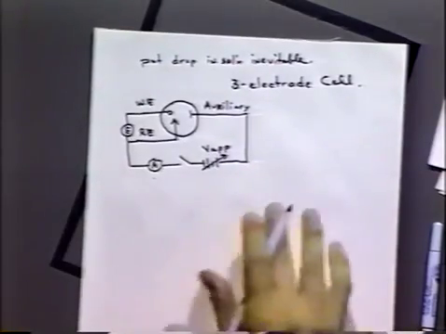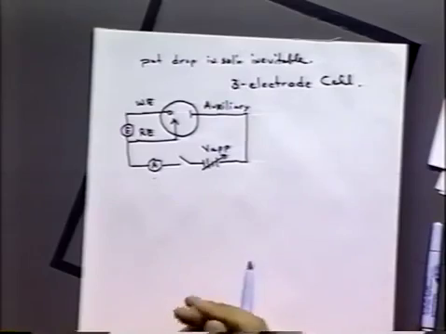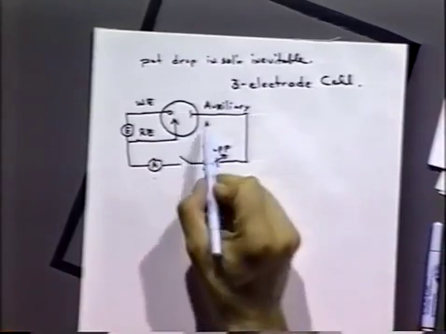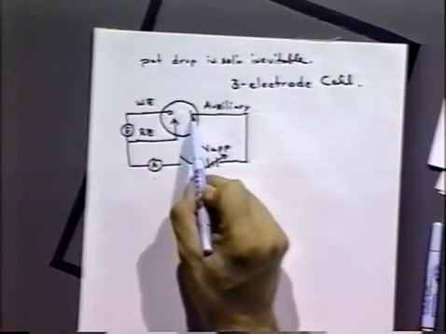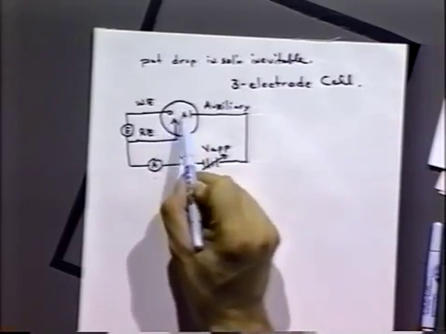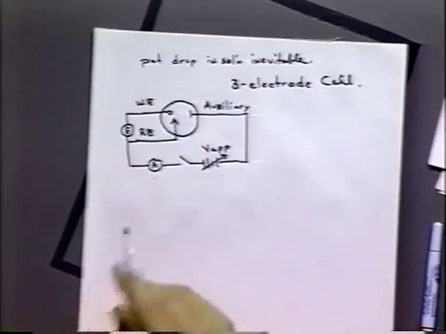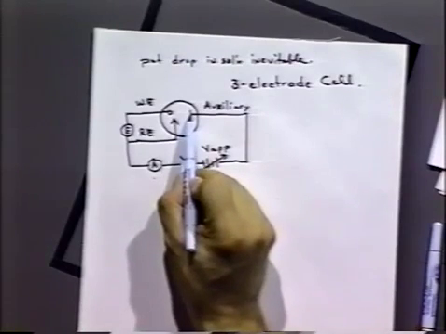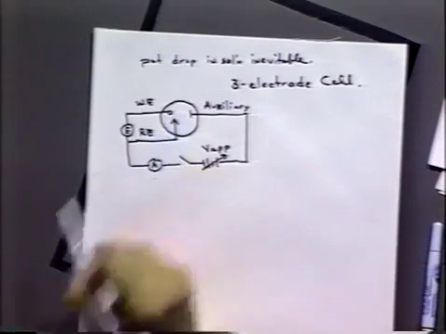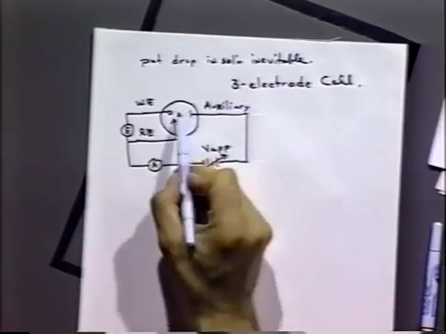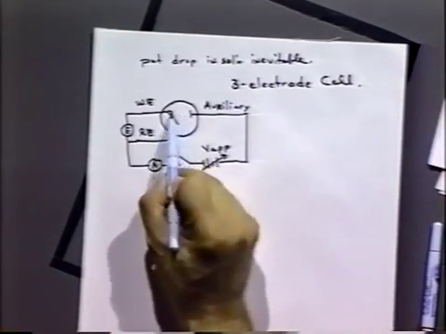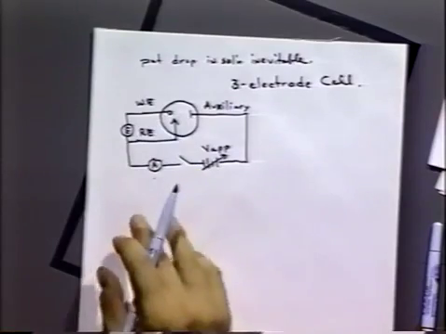Now in this case, what happens when the current flows through the system? Well, if you notice how we've set it up now, the current is going to flow between the auxiliary and the working electrode. And so the solution IR drop is going to occur between the auxiliary and working electrode. And we can think about the solution volume between those two as something like a resistor.